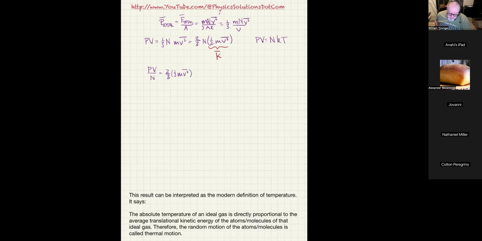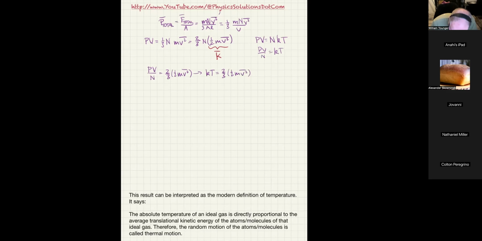So that's my PV over N. But that PV over N is also equal to K times T. So now I can say K times T is equal to 2/3 times 1/2 mv squared bar.